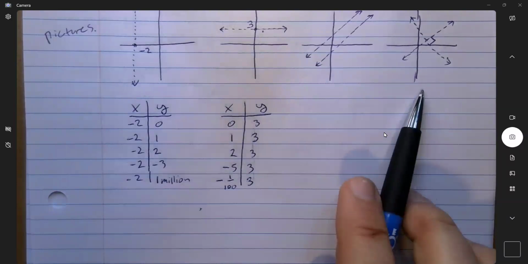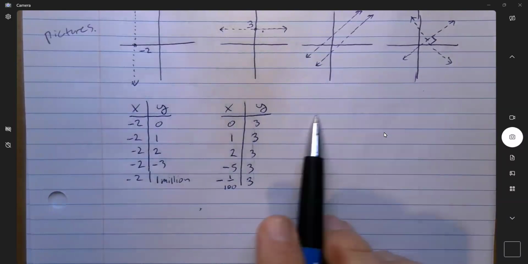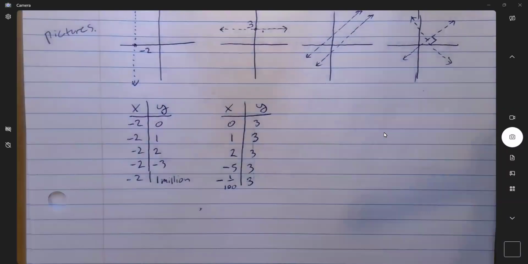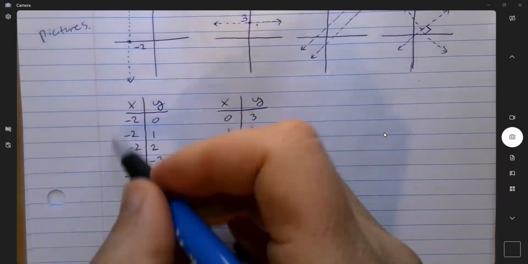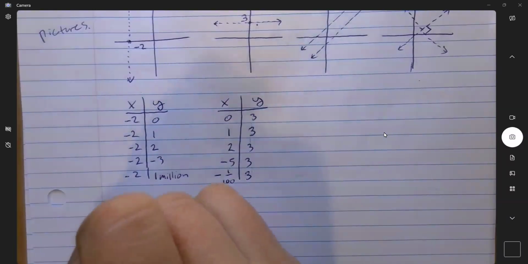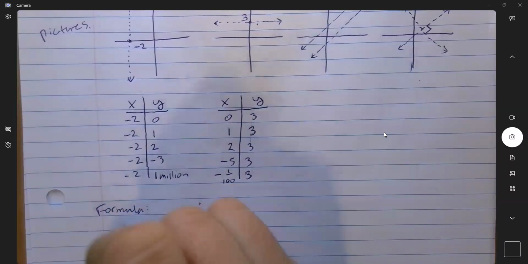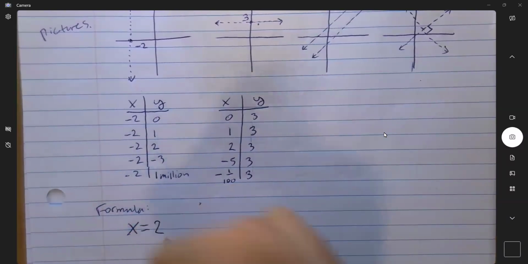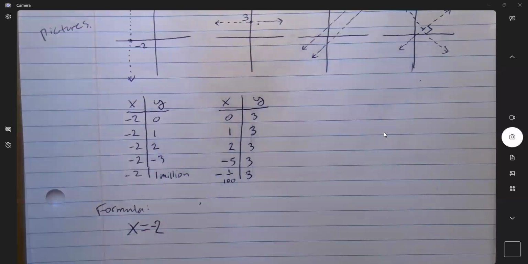Parallel and perpendicular lines, the table representations aren't as informative, so I'm going to skip those. But it's important to notice that since the x value is always -2, I can write the formula for a vertical line just by telling you what that x value is. x is -2 no matter what y is.